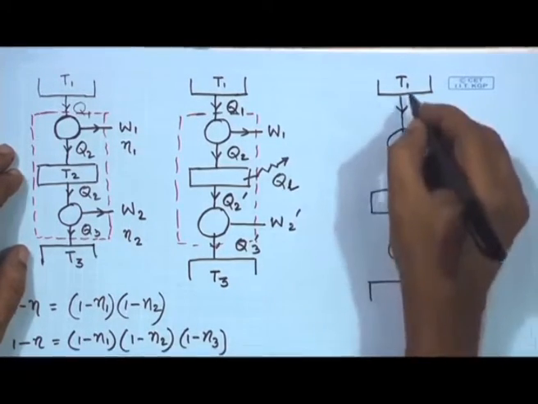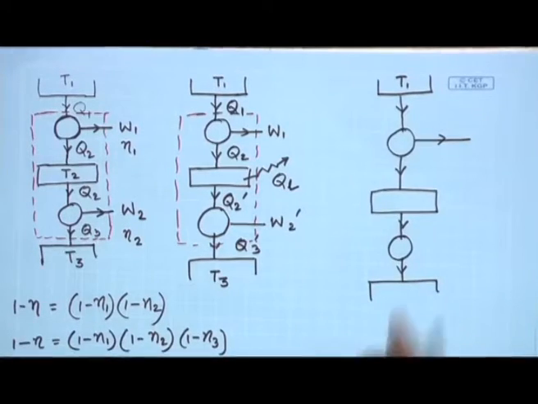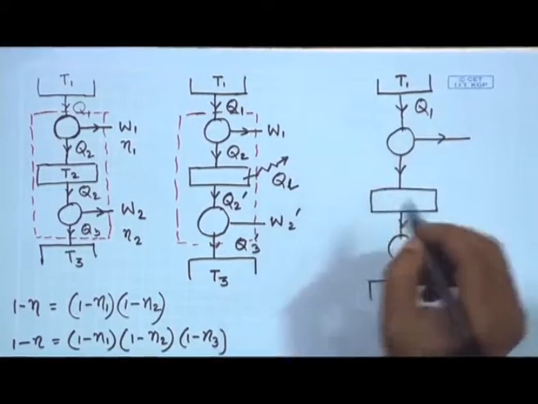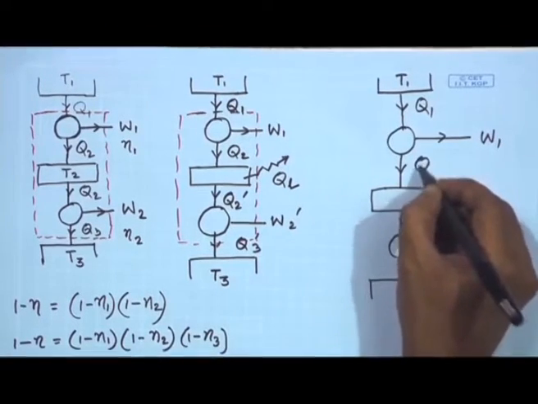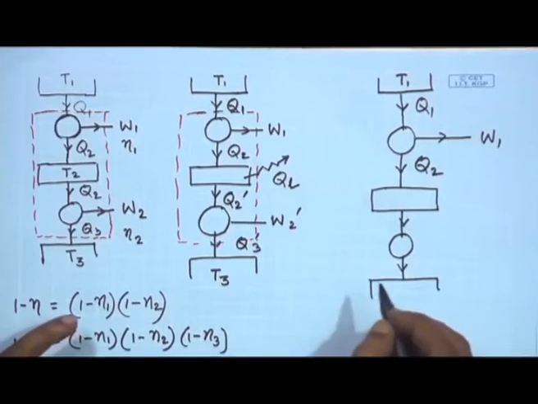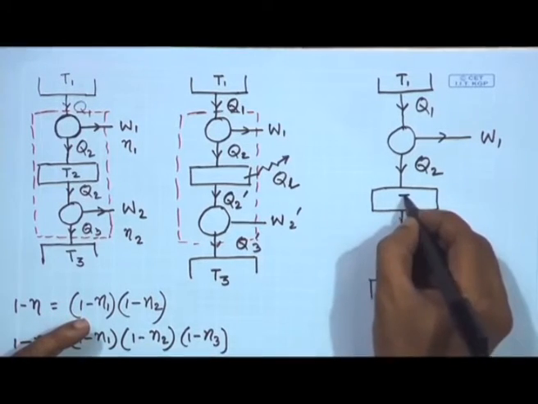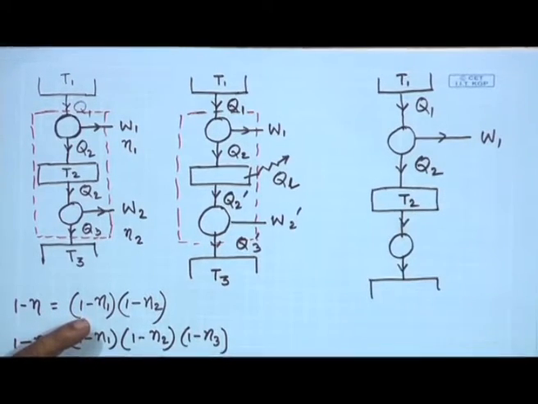The topping cycle takes heat, which is Q1, and does W1 amount of work, rejects Q2 amount of thermal energy to an intermediate reservoir at temperature T2.